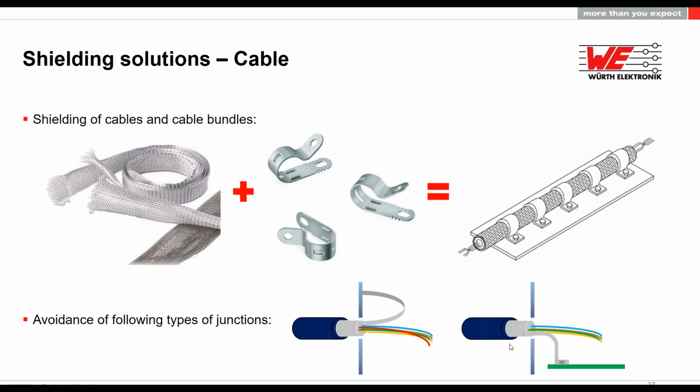These are called pigtails, and what you are creating when you connect the cable like this is a connection of the shielding of the cable to the housing, for example, or to a PCB. This is called a pigtail because it is creating an antenna directly on your ending connection. So it's important to have a 360 degree connection, and this can be achieved by using this kind of clip. By having this, we're avoiding the pigtail problem.